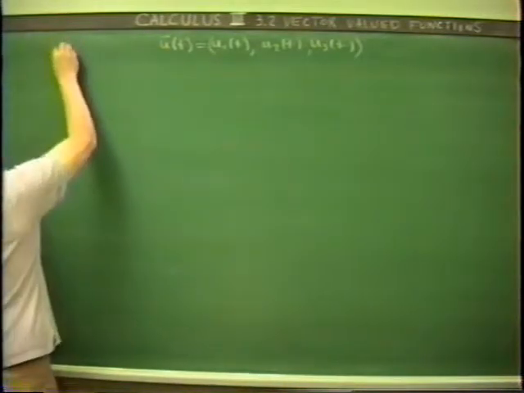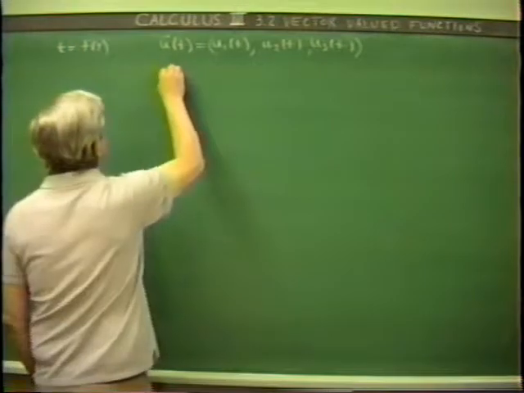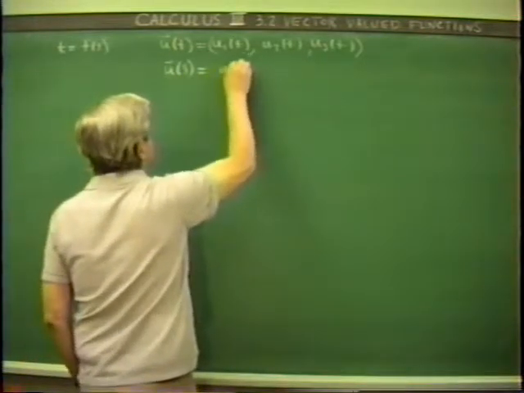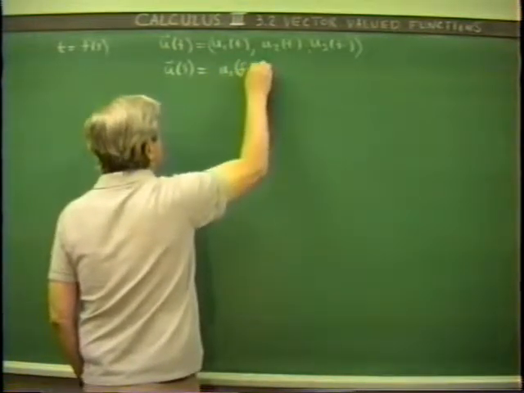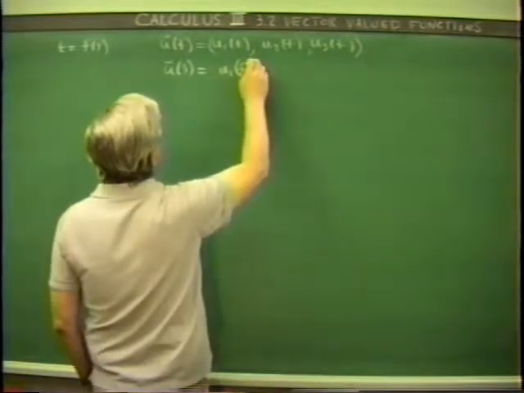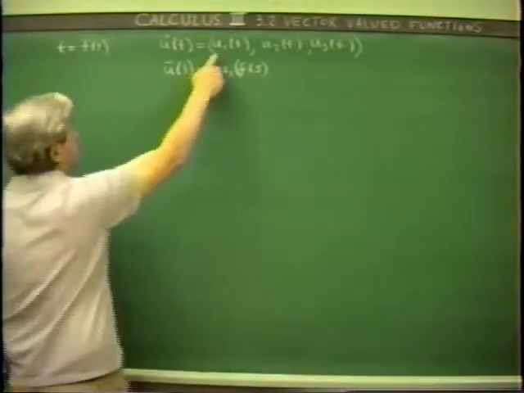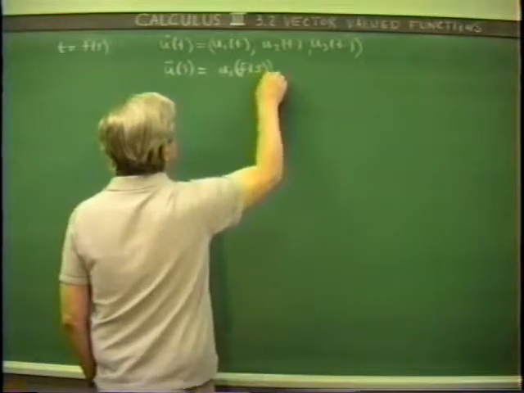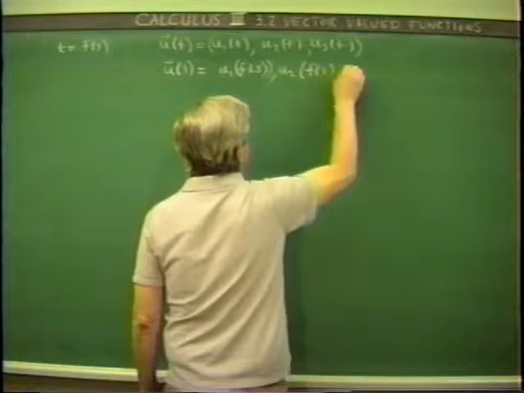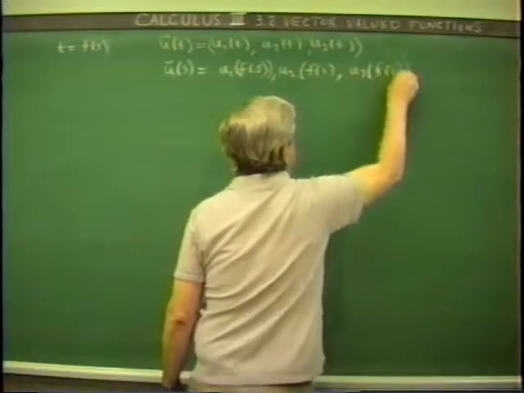That's to say, if we let t be some function of s, then we can write u of s is u1 of f of s. f of s gives us t, and now we have u1 of t, u2 of f of s, u3 of f of s.